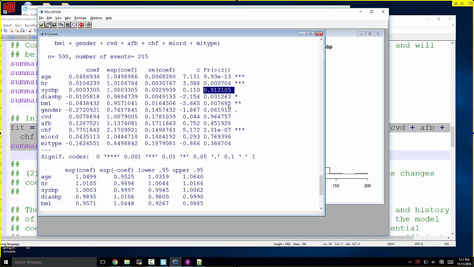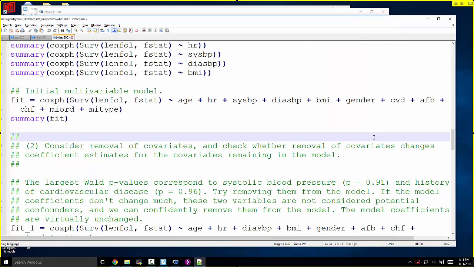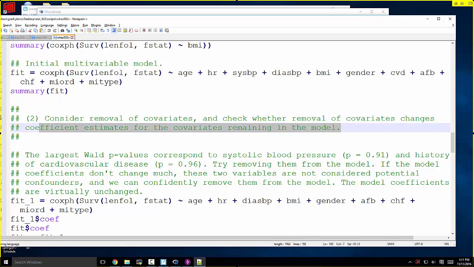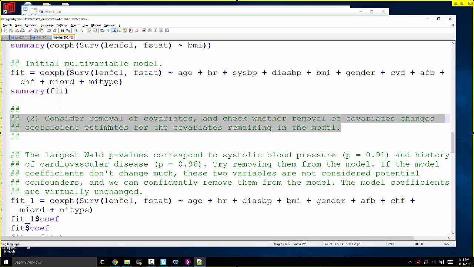You can lose interpretability in the model, and as we'll see in just a second, even with a non-statistically significant contribution, you can wind up allowing confounding by not including a variable. So even if it's not statistically significant, it can affect the interpretation and the estimates of other variables, making the model less appropriate. So here's what the book that I referenced recommends.